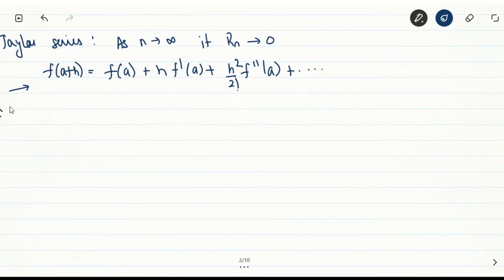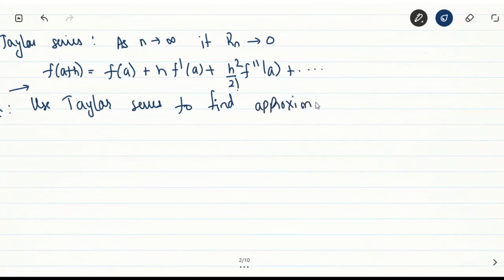So this is the example that uses the Taylor series. Use Taylor series to find approximate value of root 25.15.